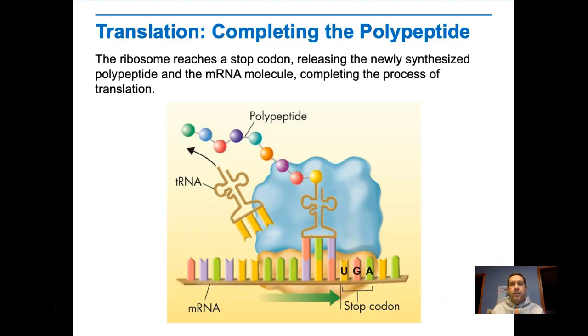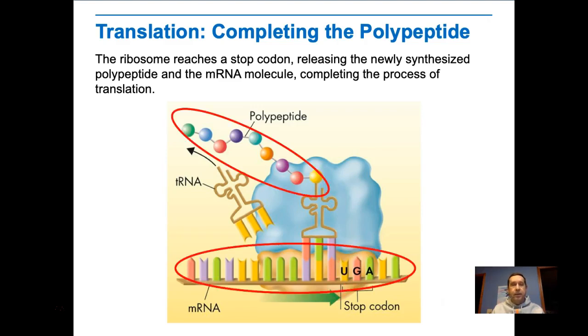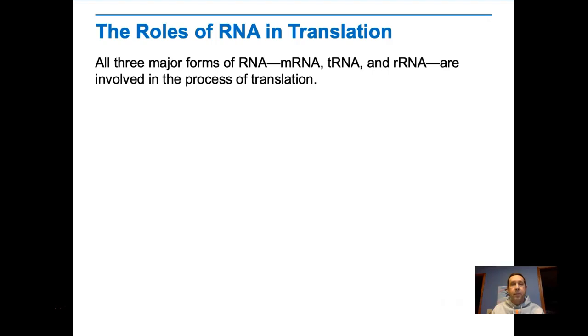Once it gets to the stop codon, the ribosome, the messenger RNA, and the tRNAs all break apart, and you've got a polypeptide, which becomes the protein that gets released. So there's the stop codon, there's the messenger RNA, there's our polypeptide.